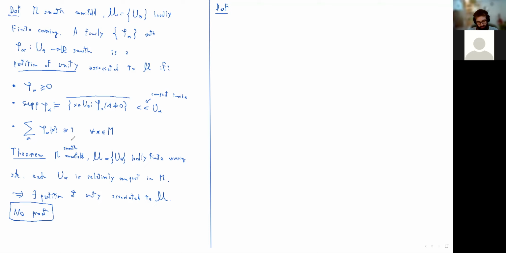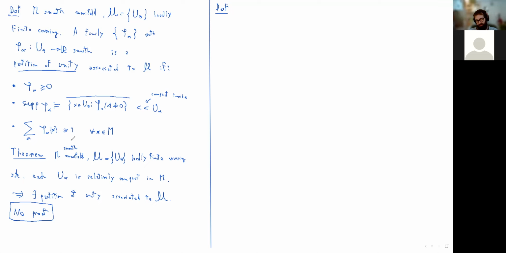Okay, so in the course we will never deal with C^k manifolds. We'll always deal with either smooth manifolds or holomorphic manifolds, or complex manifolds. I am not sure if a partition of unity works for C^0 manifolds.